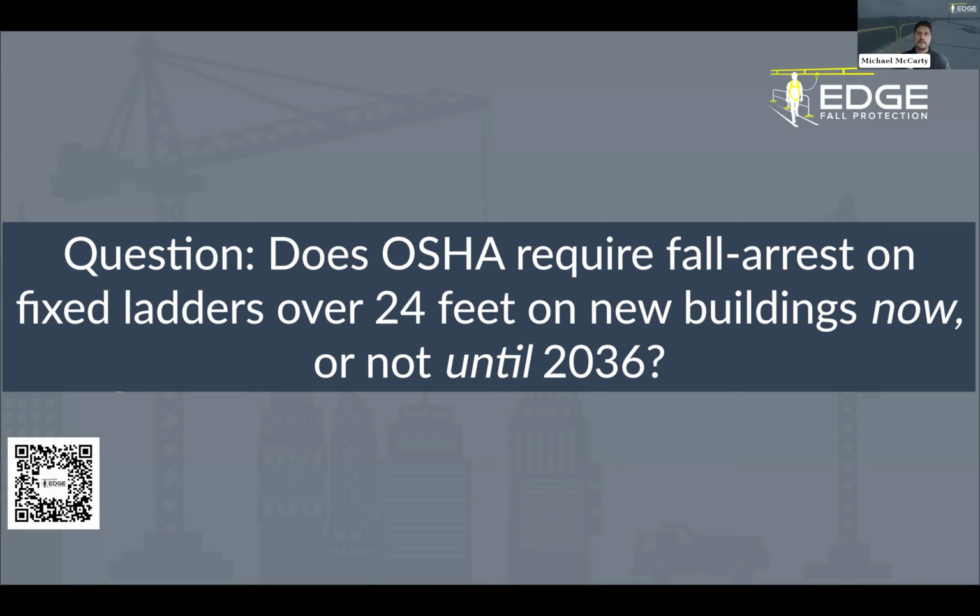So if you're building a ladder today, it should have a vertical lifeline system. It should not have a cage on it. We have until 2036 to swap out the existing cages, and either swap out the cages or put a fall arrest system on the existing ladders with a cage.